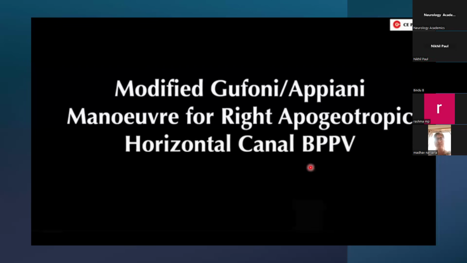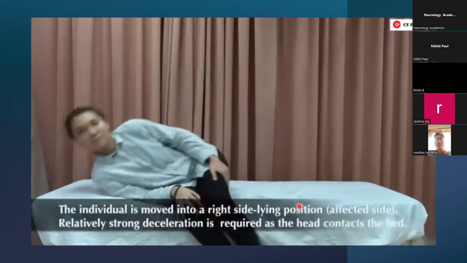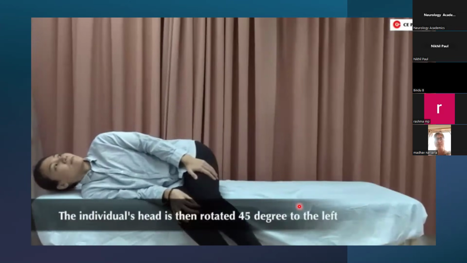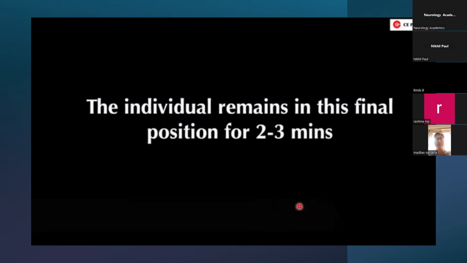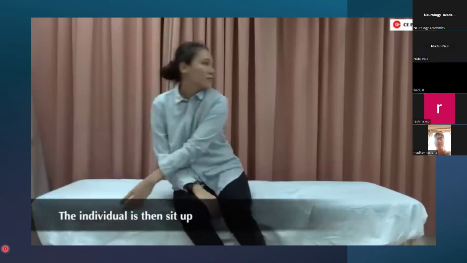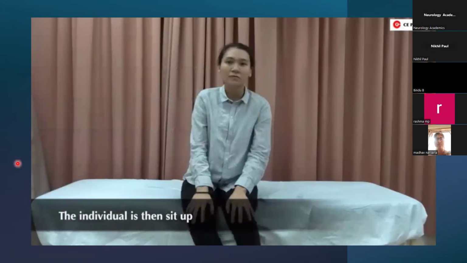You'll see this example. So if it is a right apogeotropic, the patient is made to go into the right side. I'll just show that video once more.